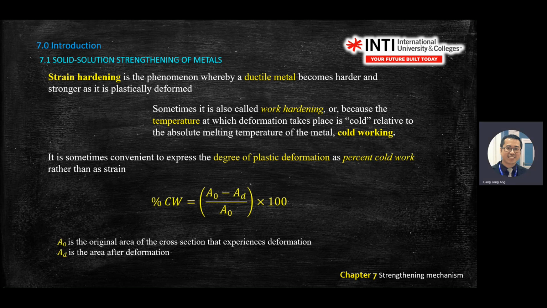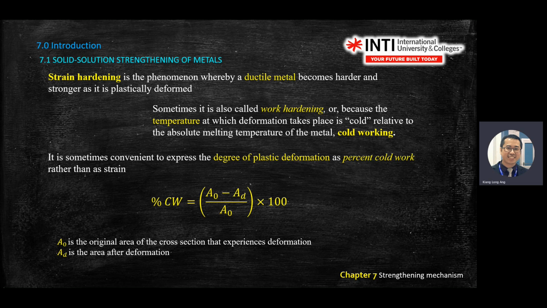There's a formula, I think you learned this one before. The percentage of cold working: you take the original area minus the final area, divided by the original area, times 100%.